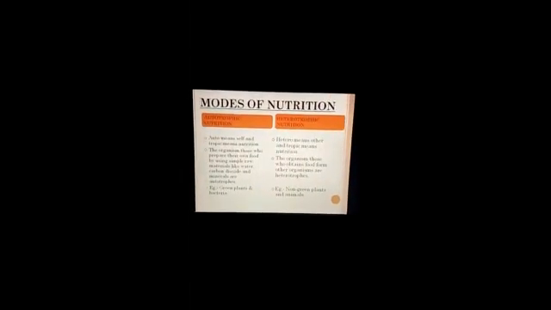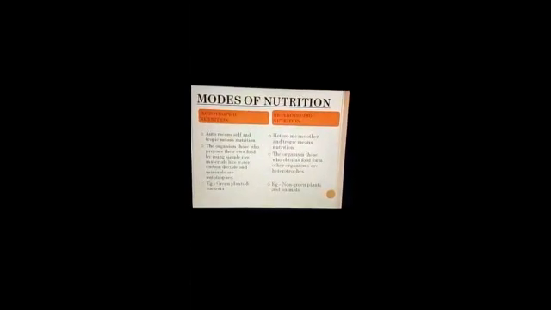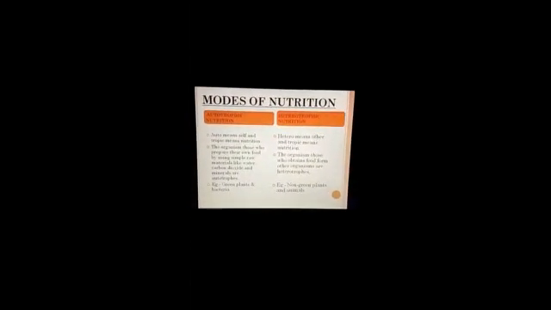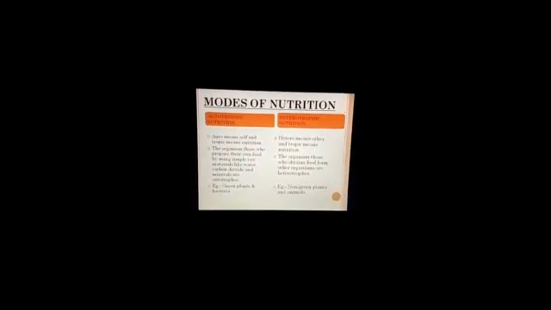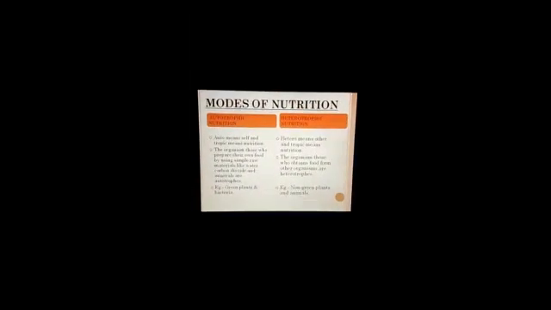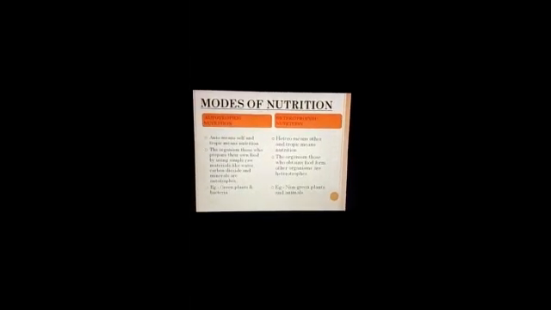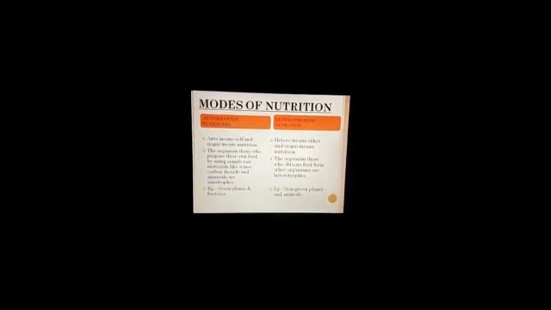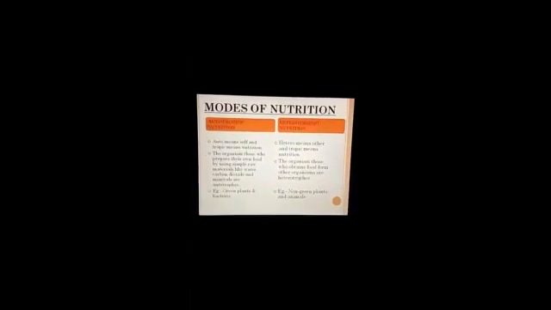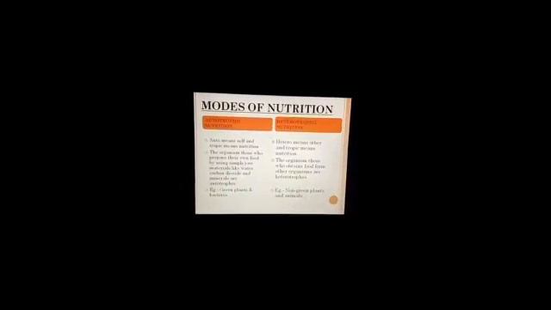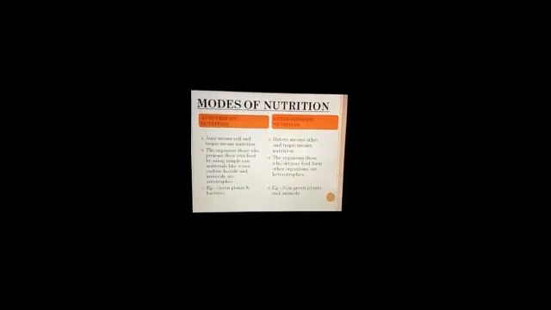Now, modes of nutrition. There are two types of modes of nutrition, that is, autotrophic nutrition and heterotrophic nutrition. Auto means self and trophic means nutrition. Organisms that prepare their own food by using simple raw materials like water, carbon dioxide and minerals are autotrophs.